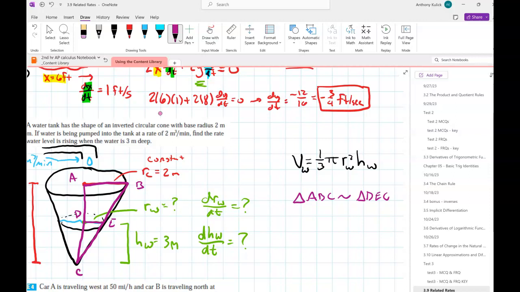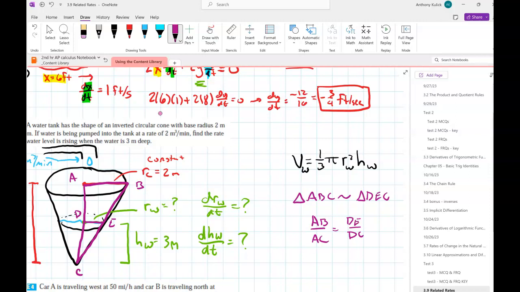What can I say about similar triangles? The ratio of side lengths is proportional. So I can say, for example, that AB over AC has to equal DE over DC. Everybody agree with that?